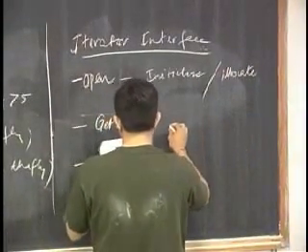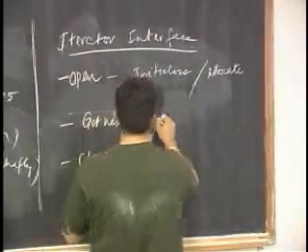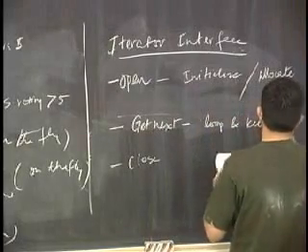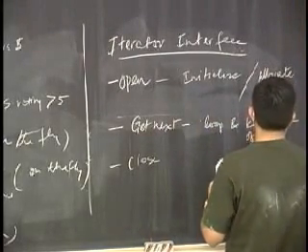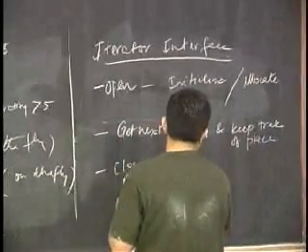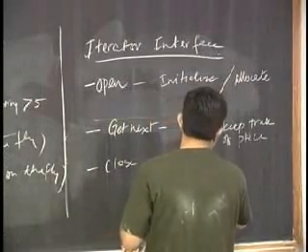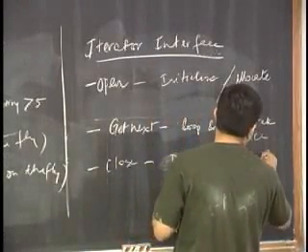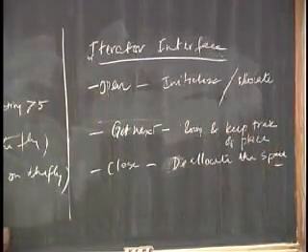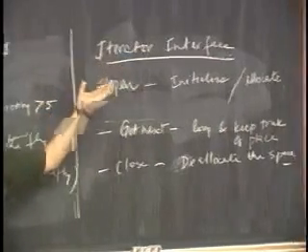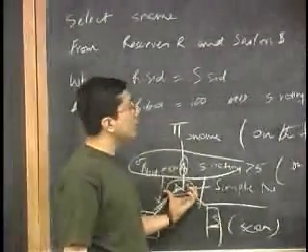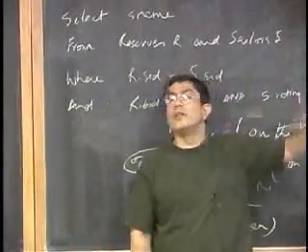Then get next is going to go through a loop and keep track of place, and close is going to deallocate the space associated with this. Okay, so these are the functions. What an iterator interface gives is a set of functions through which you can access these things, and it just hides the implementation of everything.